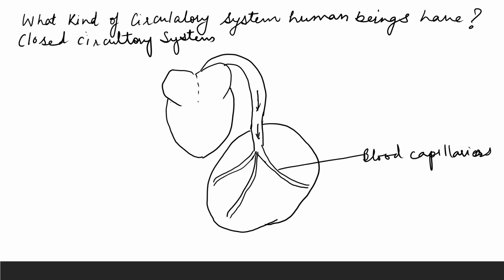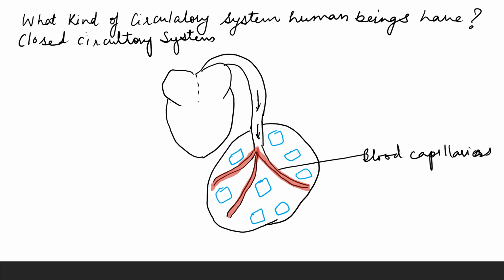So blood is flowing from the aorta to these blood capillaries, and the cells which are present in this organ are placed here, right? Let's say these are the different cells of the organ which are present here. The blood which is flowing in these capillaries from the aorta will never come out directly, and it will never come and touch the organ.